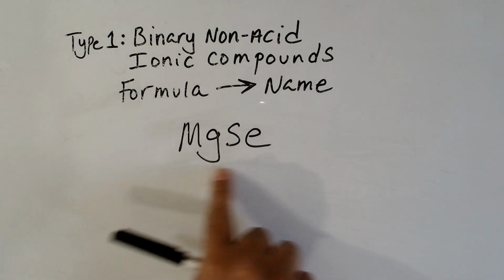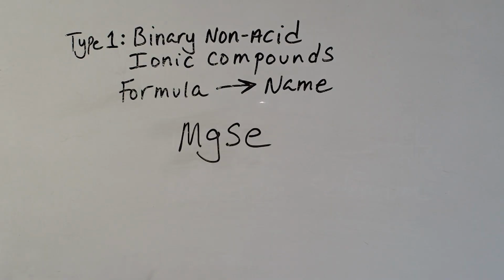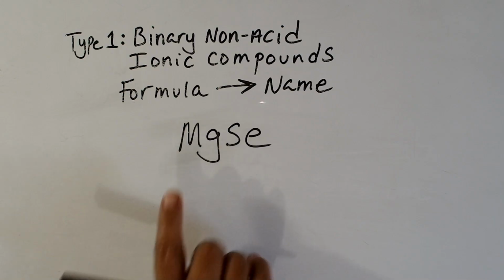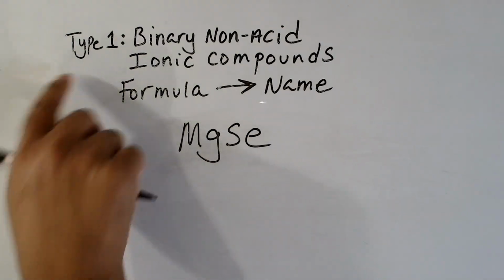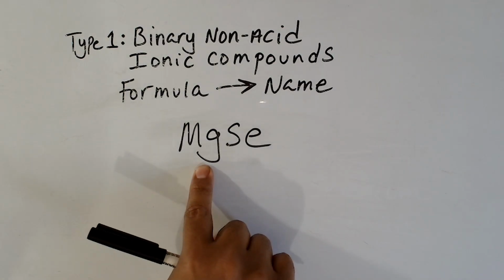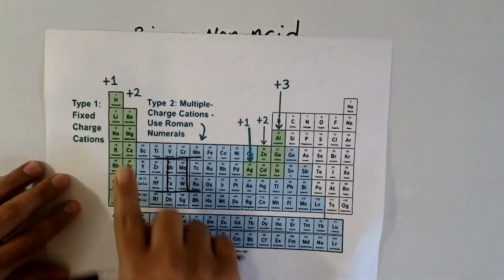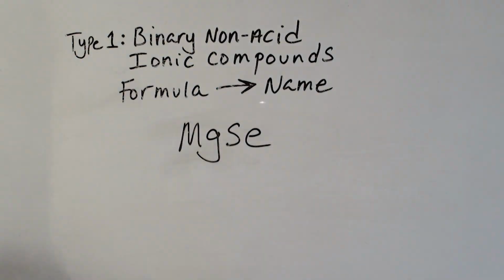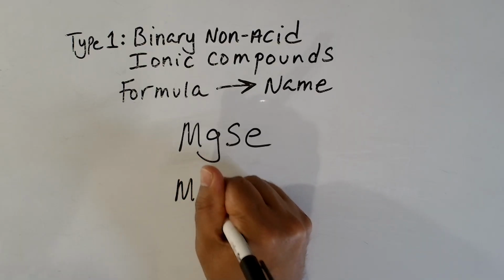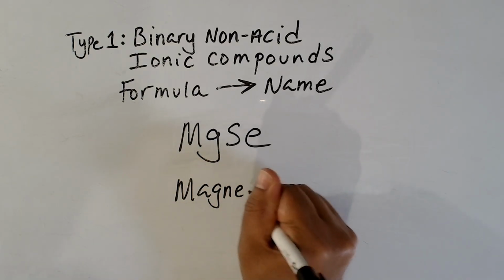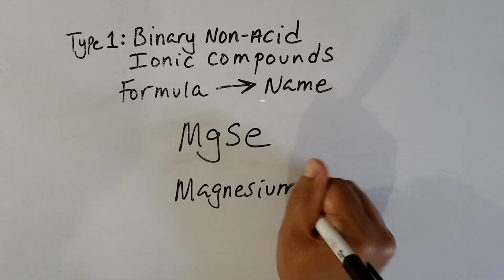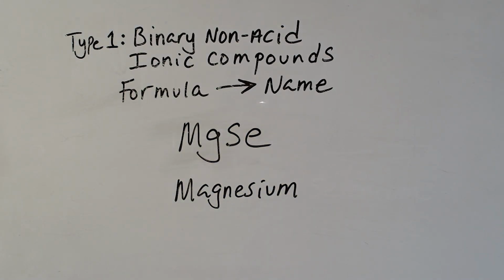Okay, so now we're looking at this chemical formula. The first step is to name the first element or polyatomic ion. I know this compound is a type 1. Why? Because magnesium falls in column 2. Next, name the second element or polyatomic ion. If it's an element, change its ending to IDE.